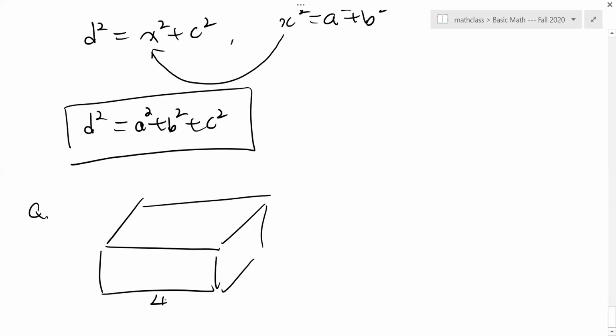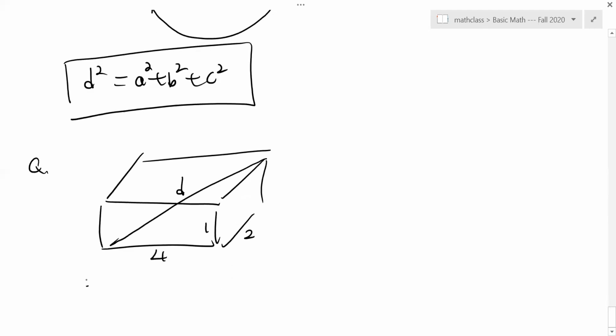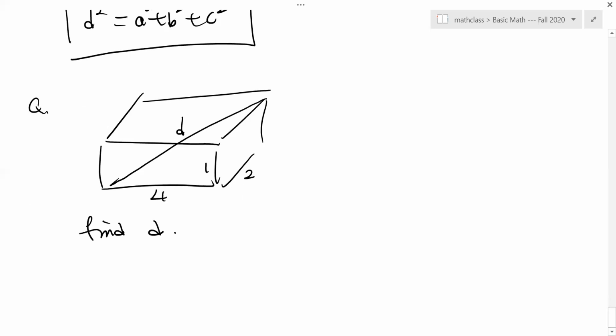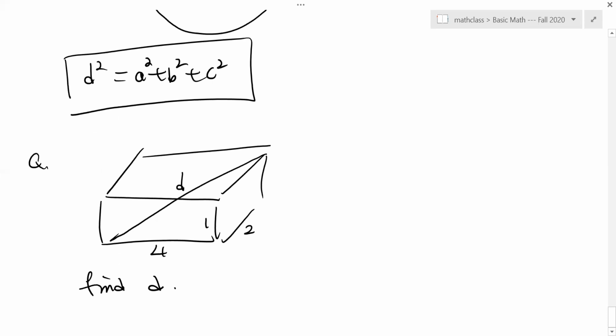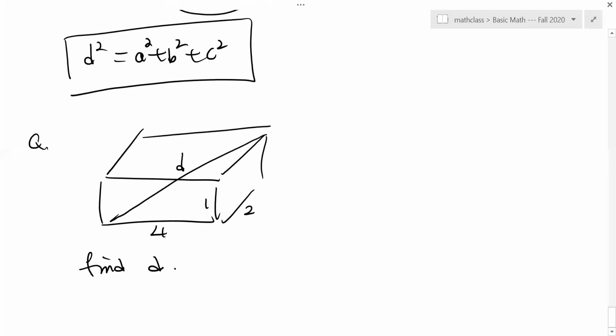Okay, so here's a 4, here's a 1, here's 2. Find the d. All right, so d, yeah, that's right, use the Pythagorean theorem twice. So you get the Pythagorean theorem for the space, not just the triangle.